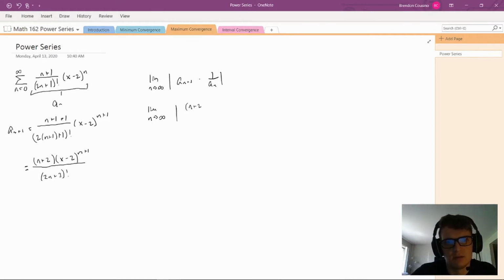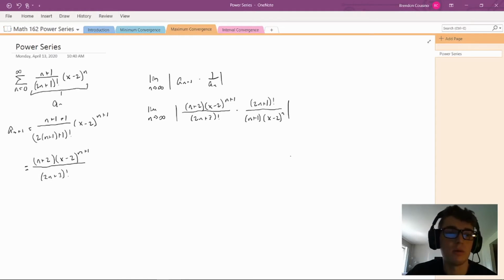That's going to be n plus 2 multiplied by x minus 2 to the n plus 1 divided by the 2n plus 3 factorial, and then multiplied by the reciprocal of the a of n term. So in the numerator, we're just going to have a 2n plus 1 factorial, and in the denominator we're going to have an n plus 1 multiplied by an x minus 2 to the n.